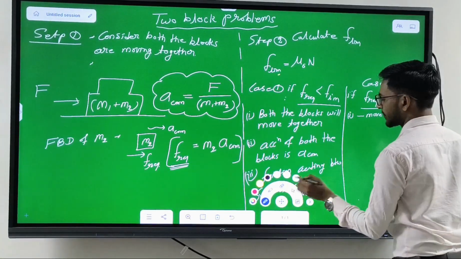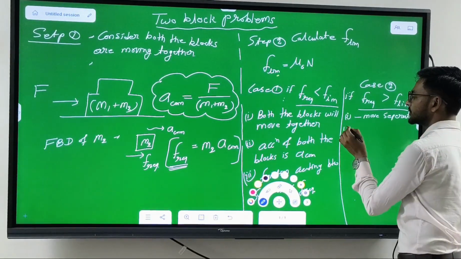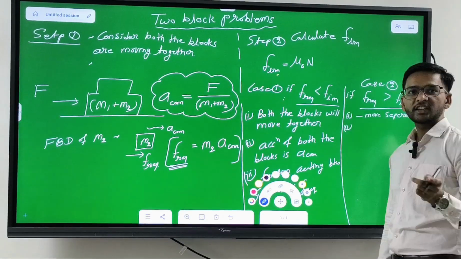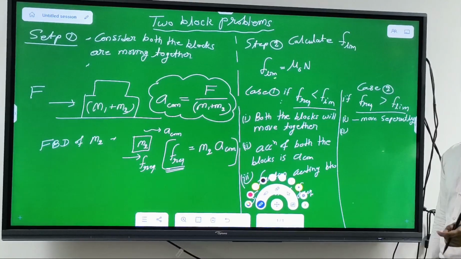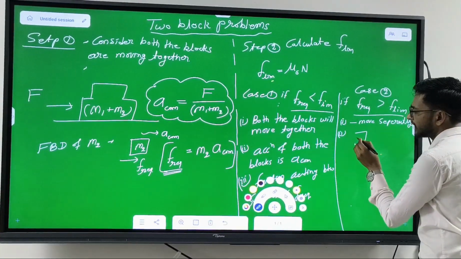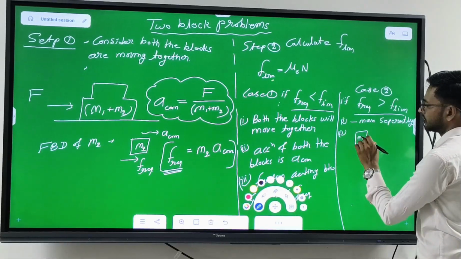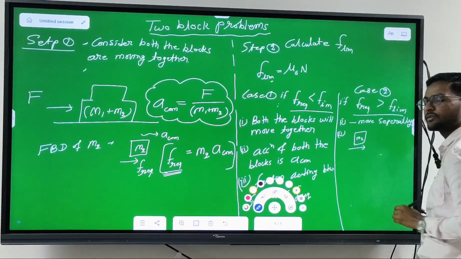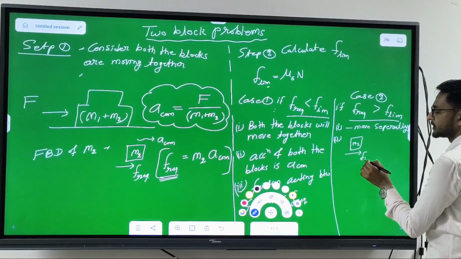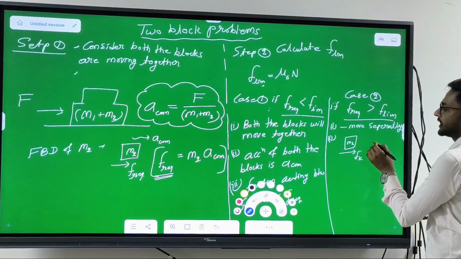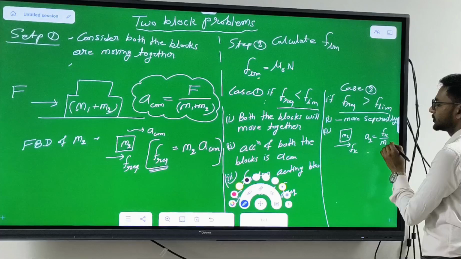The second conclusion is the acceleration of both the blocks, which we can find through their free body diagrams. The free body diagram of the M2 block: the force acting on the M2 block is kinetic friction. The acceleration of the M2 block is Fk, kinetic friction, by M2.